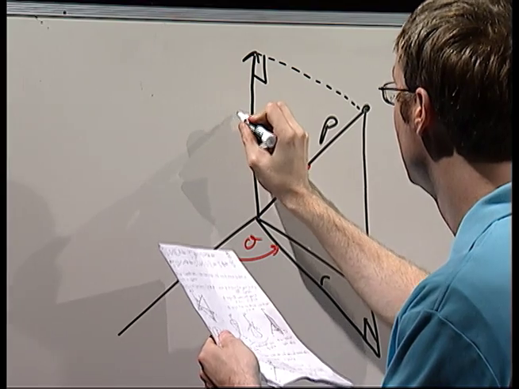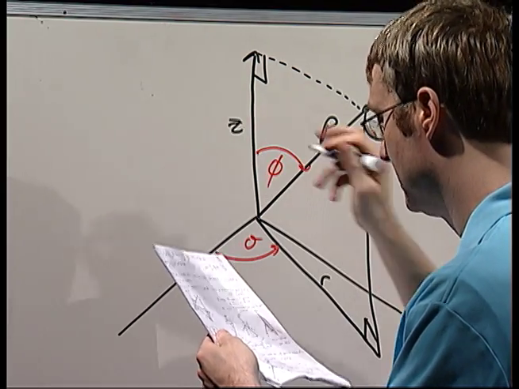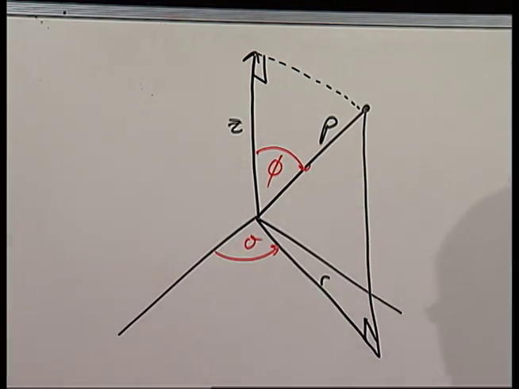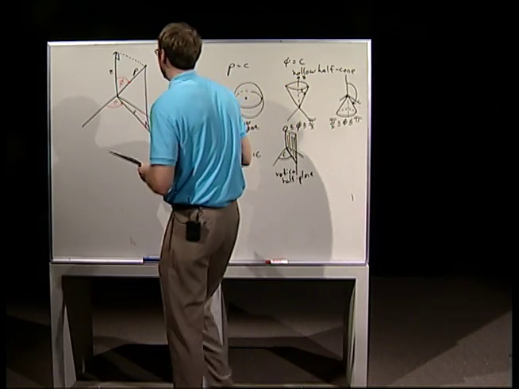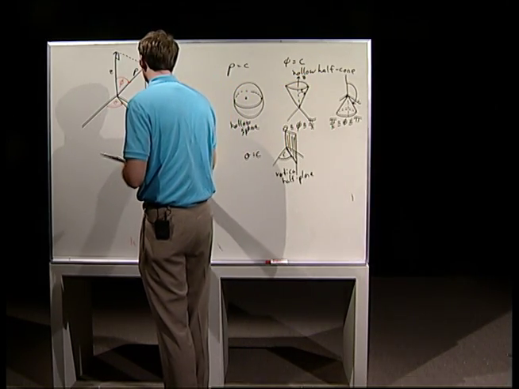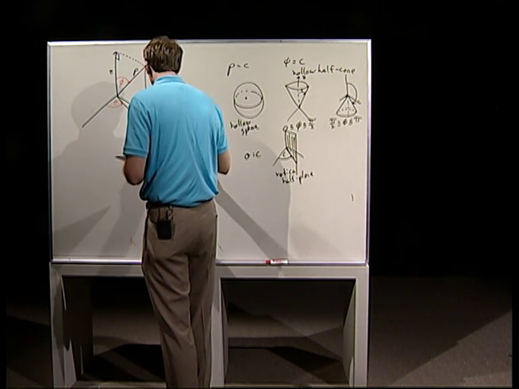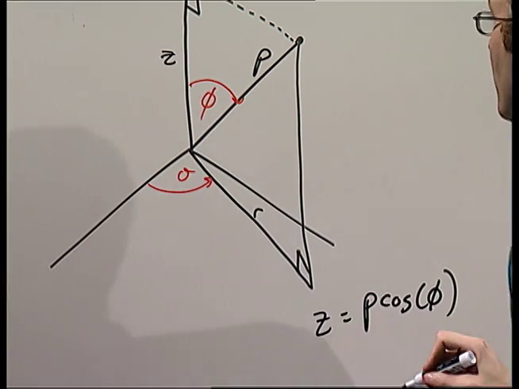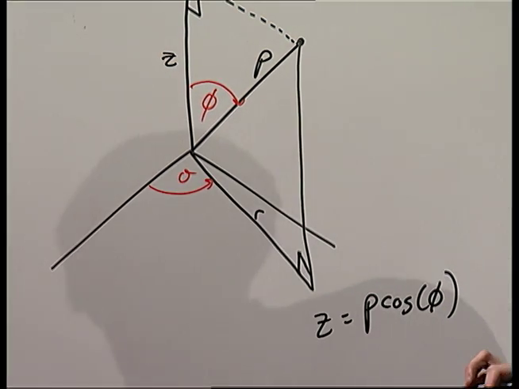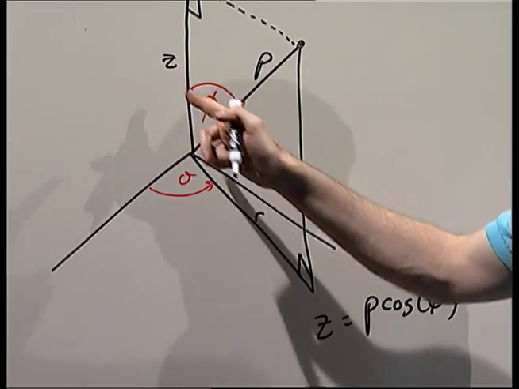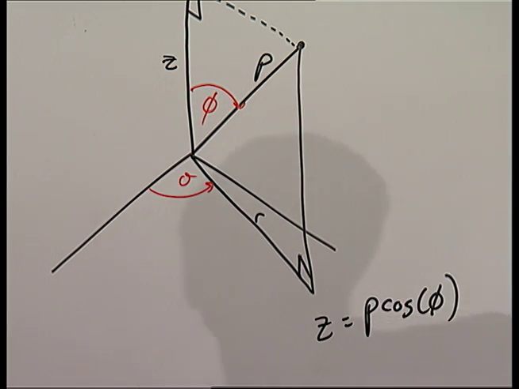So this is my distance z, all right? So my z position here, right? This is x, y, z. My z position is rho cosine phi, right? Because cosine phi is z over rho, right? So you get that relationship.